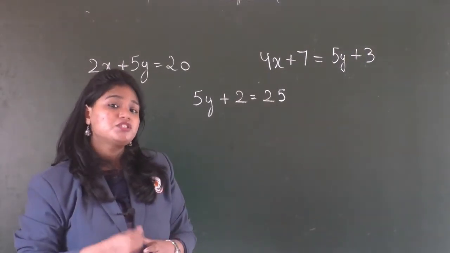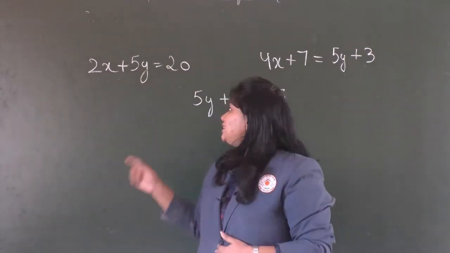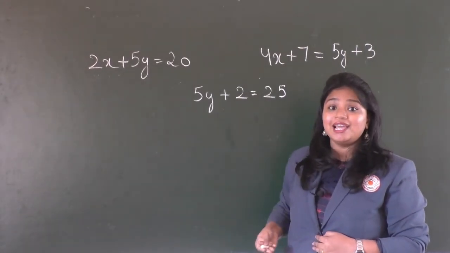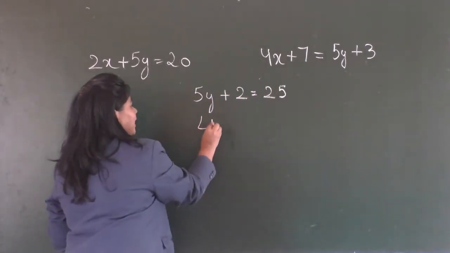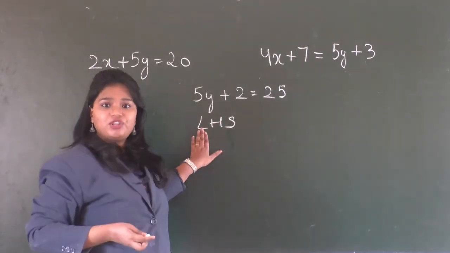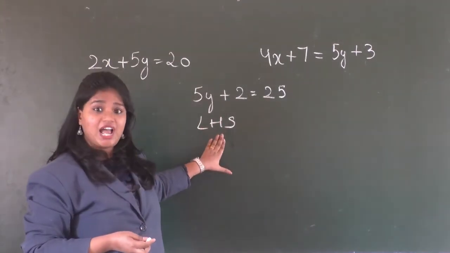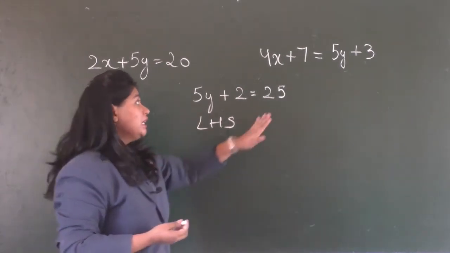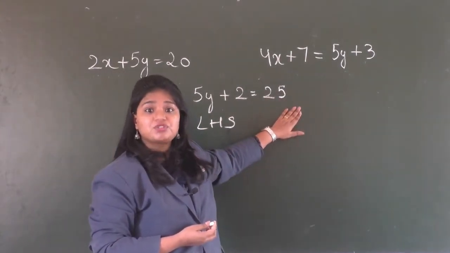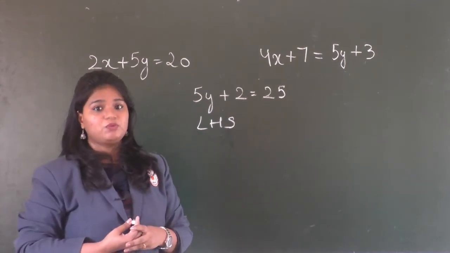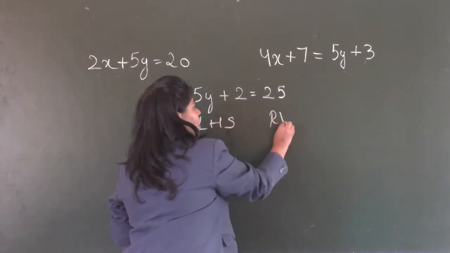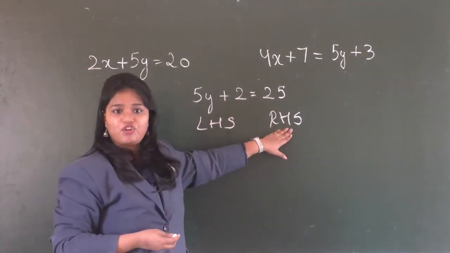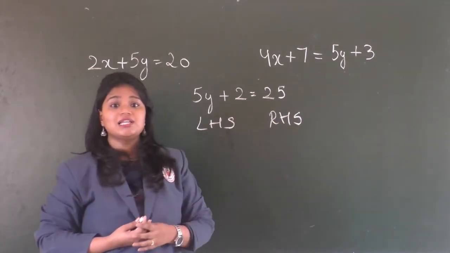Now what is the part towards the left known as? The left part is known as the left hand side of the equation or LHS. L stands for left, H stands for hand and S stands for side. Similarly, the right part of the equation is known as the right hand side, which is RHS. R stands for right, H is for hand and S is for side.